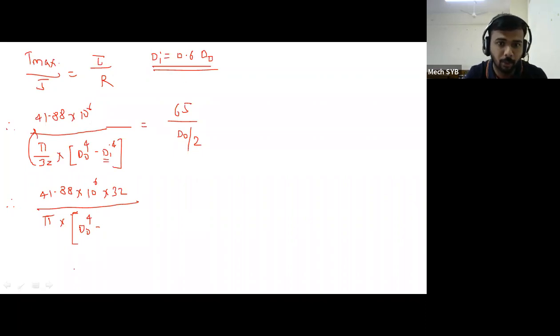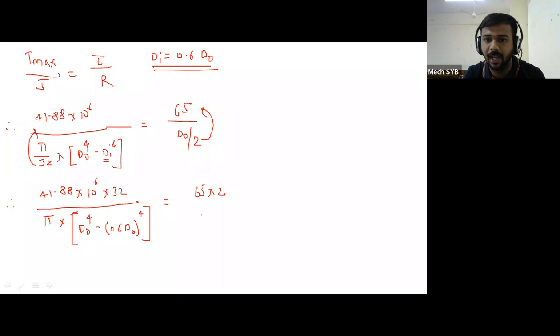This is the total value. So what you do, you apply one bracket 0.6 into do, small bracket complete and raised to 4 and then square bracket complete, which is equal to 65 into 2. This 2 I will also take at the numerator side and divided by do.